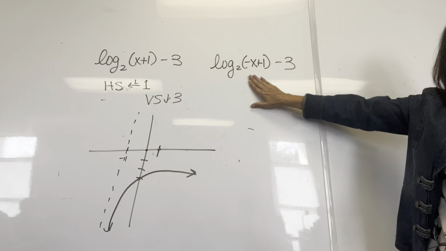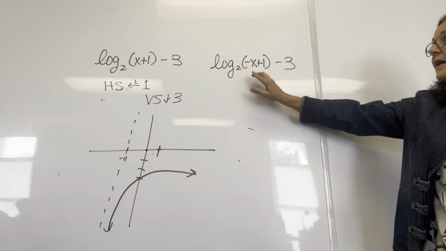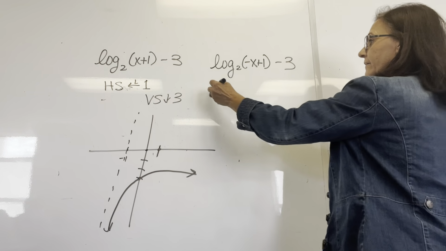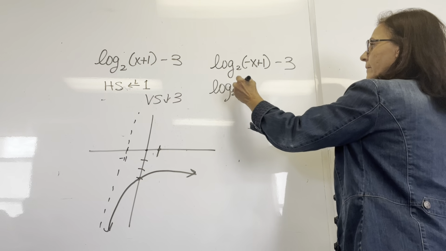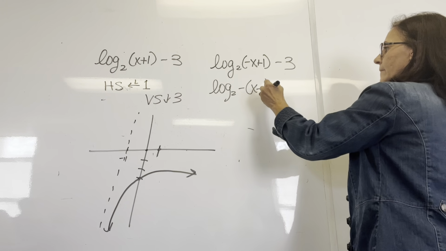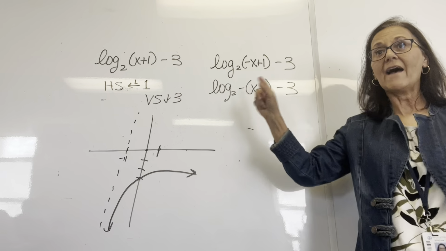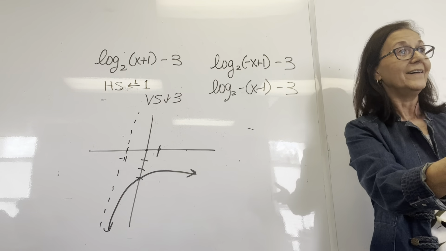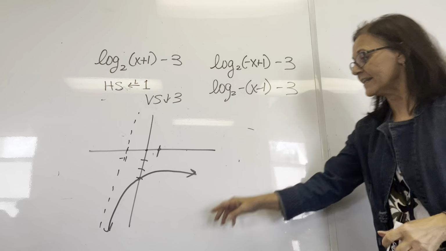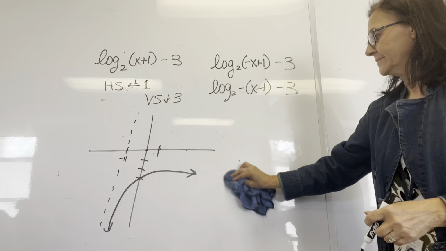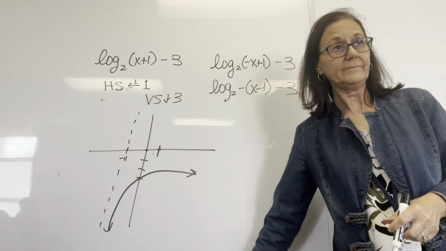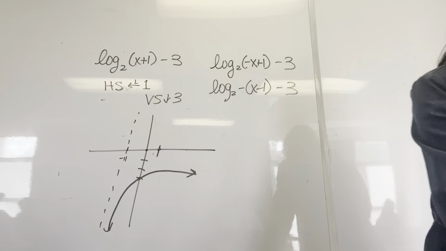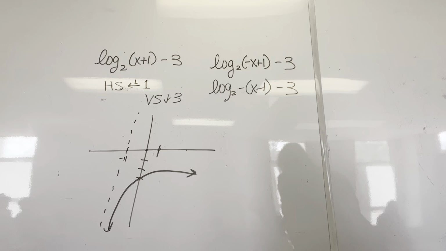Okay, this one is different because it's negative out front. You have to factor out the negative, because the negative tells you something. So what does the negative tell you?